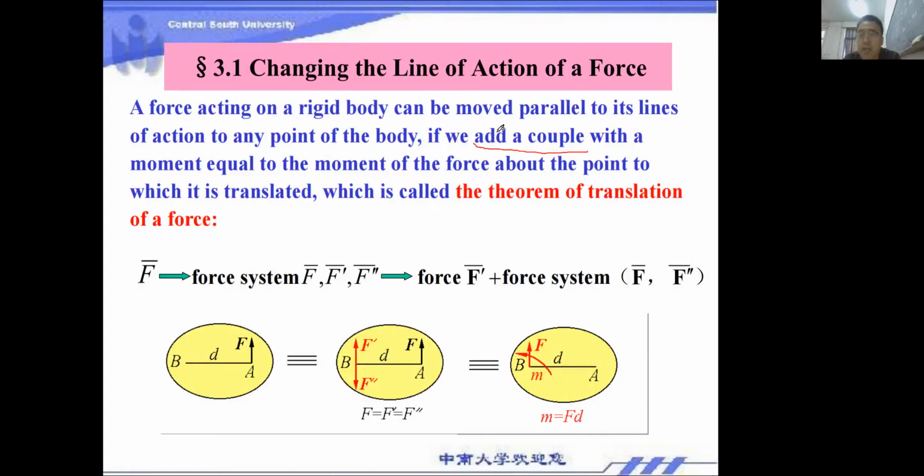So that is our condition. That's why we should add a couple with a moment equal to the moment of the force about the point to which it is translated, which is called the theorem of translation of a force. 我们把它叫做力的平移定理，right？力的平移定理或者力的平移原理。平移 means translation.